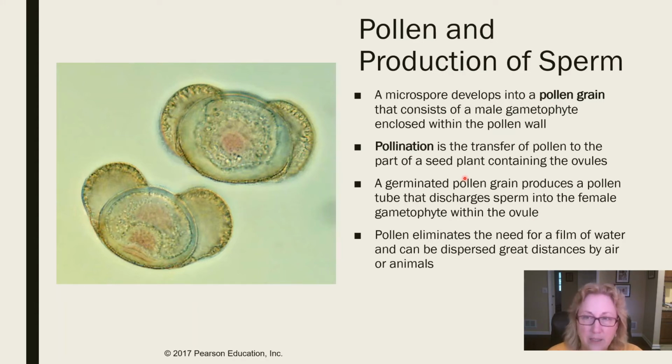It has made it to the ovary of either the same plant or another plant. Then that pollen grain is going to germinate, and a little tube is going to bring the nucleus to the egg and allow fertilization to occur. So usually pollination is followed by fertilization of the egg cell by one of the nuclei that is brought by the pollen.